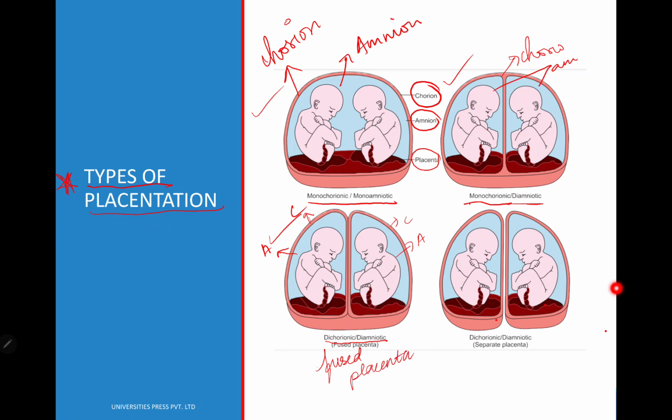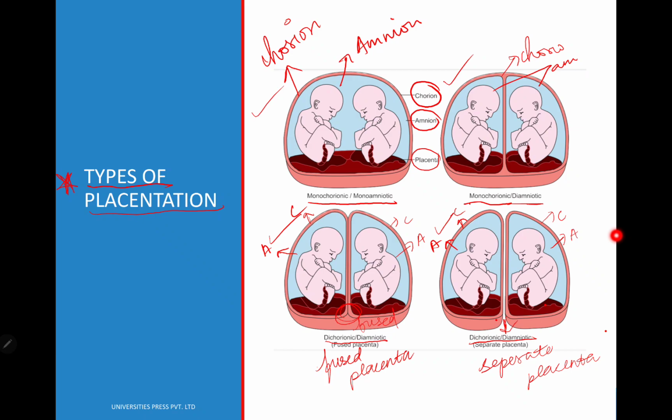Now coming to the last figure, figure number 4. There are two chorions, two amnions. But see, look at this. The placenta here is fused, but in this figure, the placenta is separate. This is a figure showing a separate placenta, but dichorionic diamniotic.